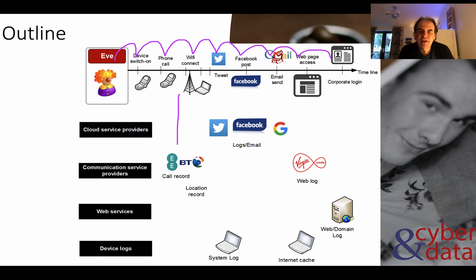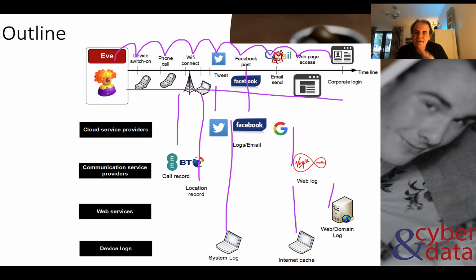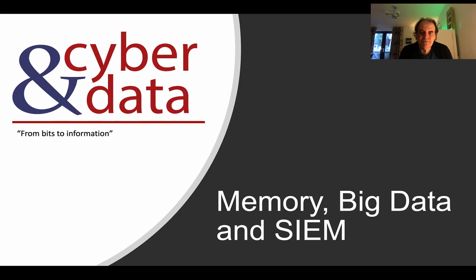So we might see a cell record for her call, location is mapped here, she tweets, there's a log there, she does something on Facebook, system log when she logs into her system, there's an internet cache, web logs, and so on. So along the way, there's a whole lot of evidence that's built up inside the logs that are held on different devices and within different domains.